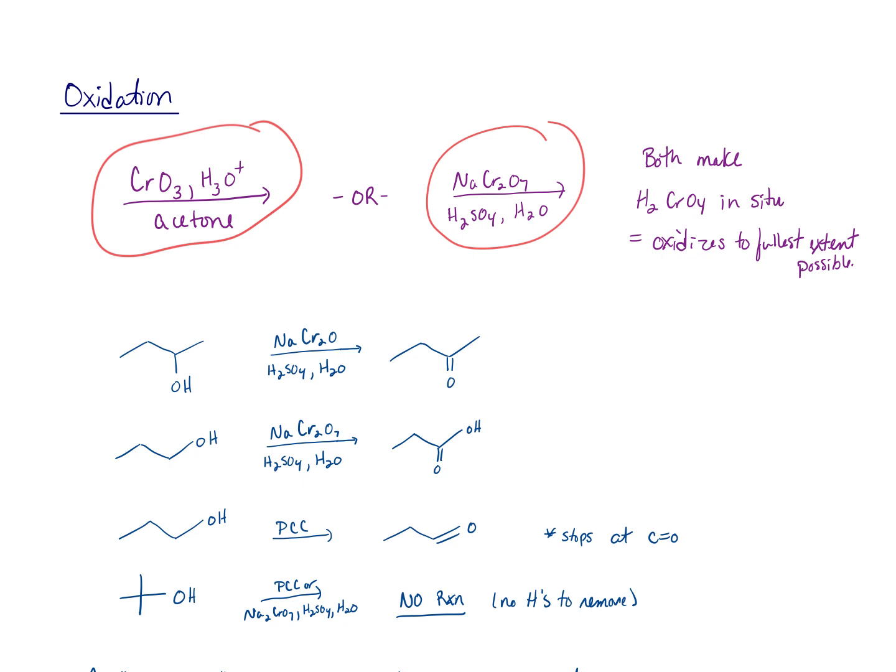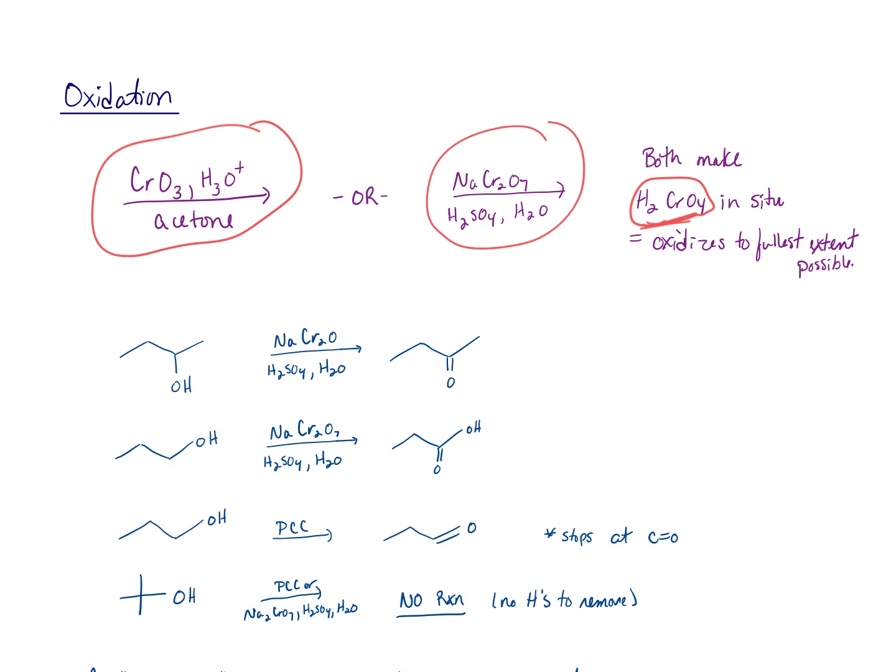Either of those conditions make H2CrO4 in situ. So sometimes you'll even see textbooks that have this. If you're taking an MCAT or anything like that, they're all the same thing. It's getting to the same thing, so don't let that confuse you, okay?